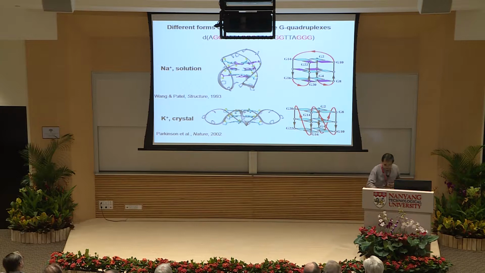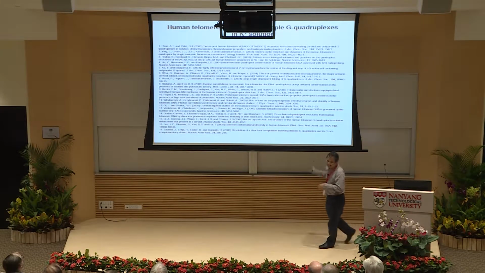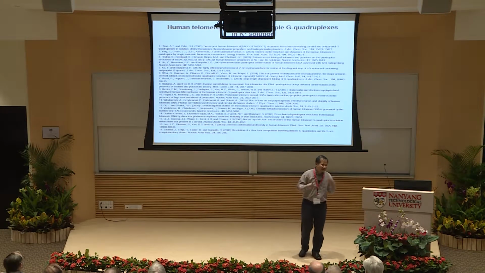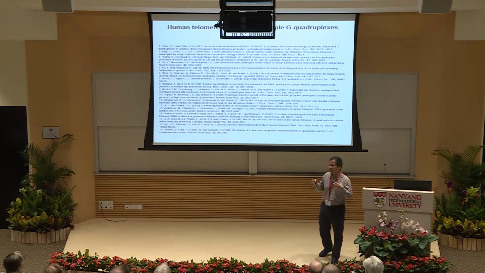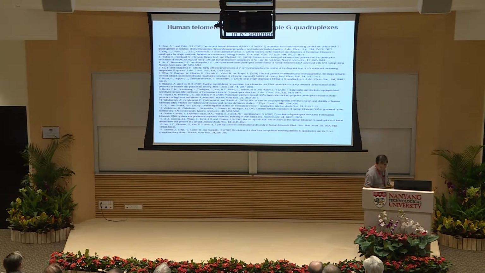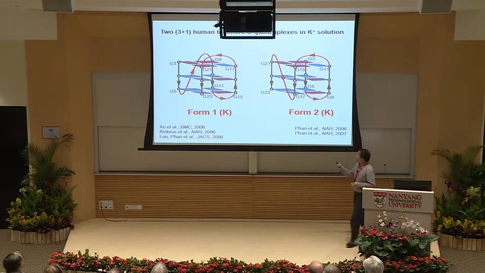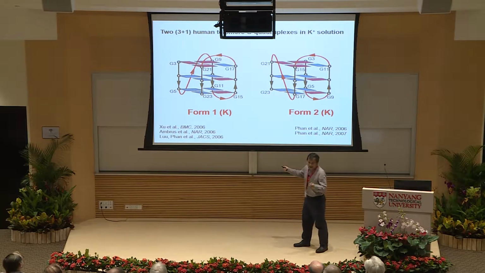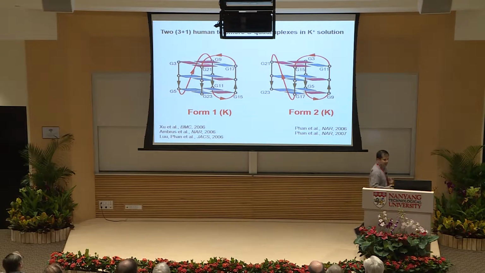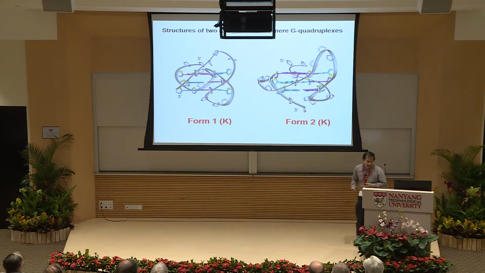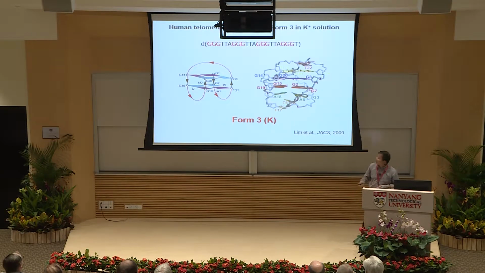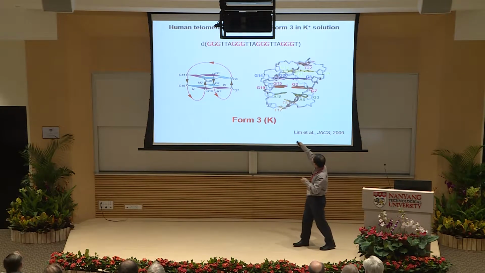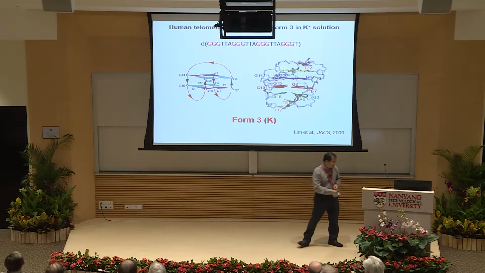Just to cut the long story short, there are hundreds of papers, even up to now, talking about what the structure is in potassium solution. We could show that at least a piece of DNA like that can fold into very different folds. I won't go into the detail, just to say that they're actually different. They can also form a fold that doesn't have all 3 layers of tetrad, but only 2 layers.